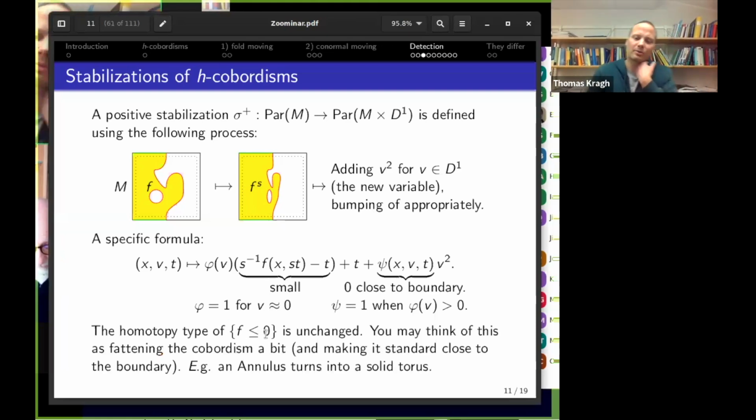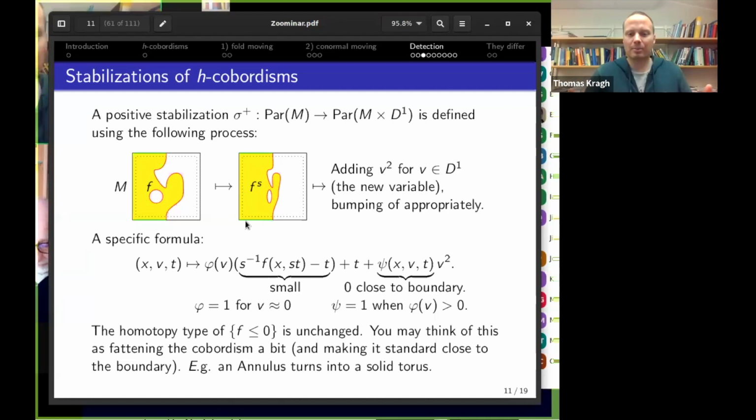And the way to think about this positive stabilization is that if you look at this cobordism shown here, and you want to put on an extra chord and think of it as a three-dimensional thing, then you just make it slightly fatter, meaning that this hole still goes through it and you still have something that only looks like a one handle attached to M over here.